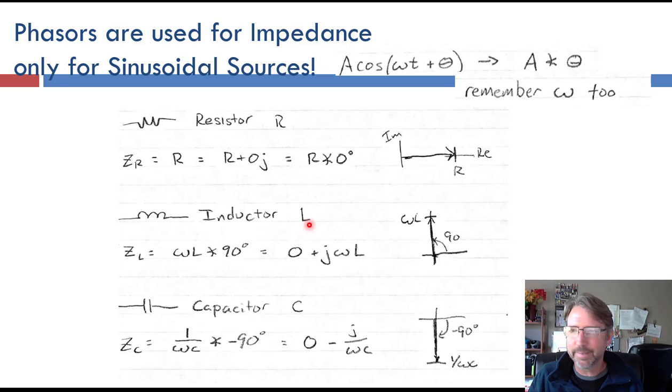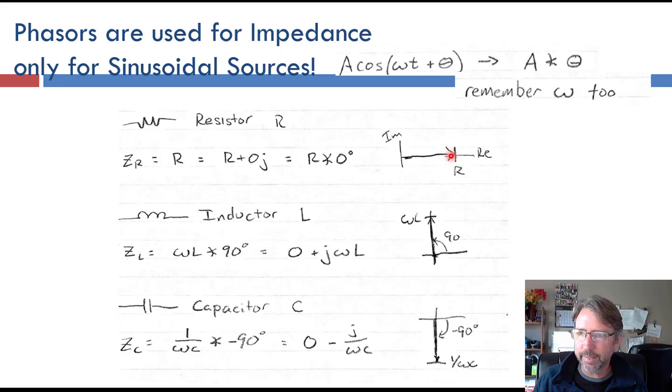And here's the hand sketch, the important things. It's the same thing: impedance for a resistor, inductor, and capacitor, polar form and rectangular form, and also sketched out. Here we have the imaginary axis on the y-axis and the real axis on the x.